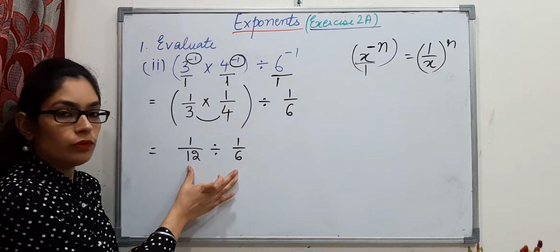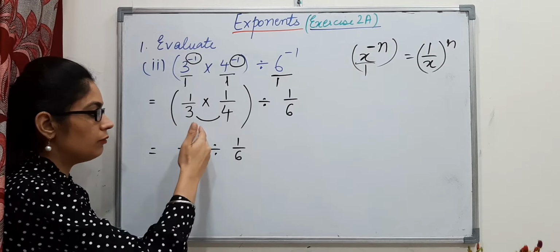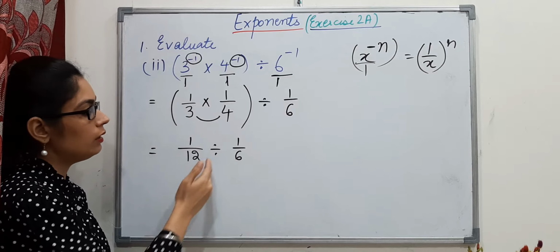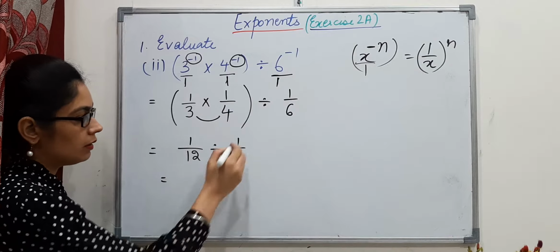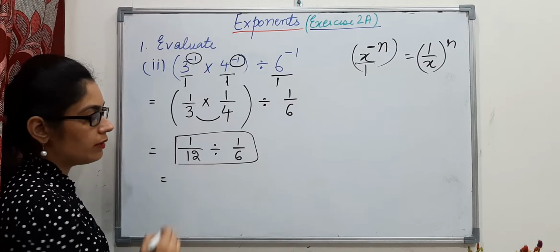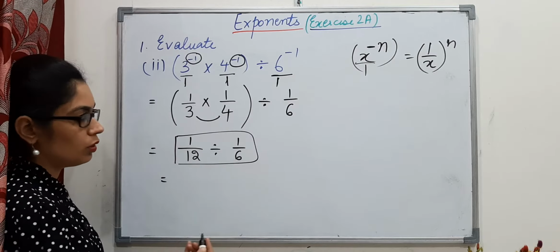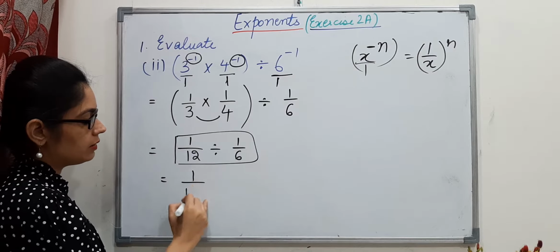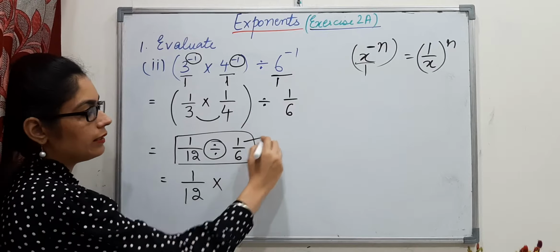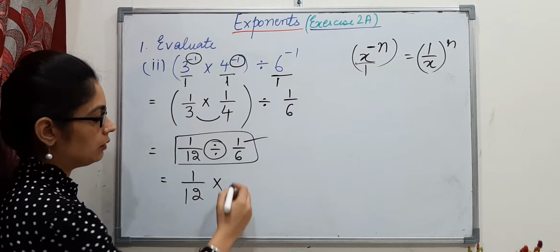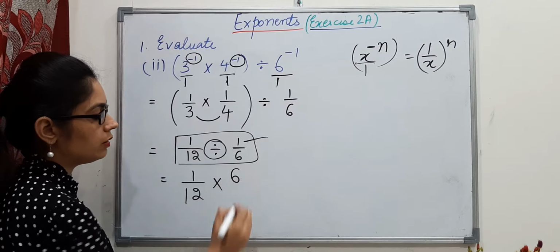Now here we can see 1 by 12 divided by 1 by 6. This is just similar to the division of rational numbers. So in division what we do? We change the division sign into multiplication and take the reciprocal of the next number, which will become 6.